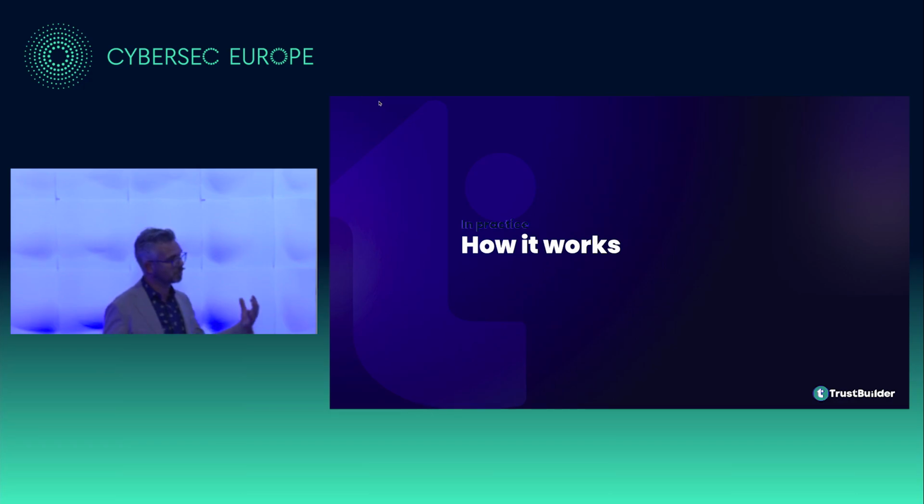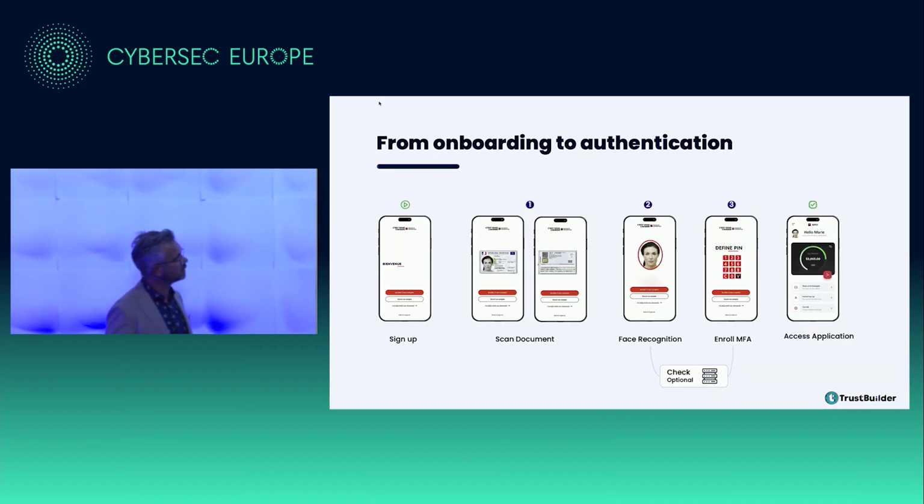So how does that work? If you would integrate both our solutions, the document verification including the MFA, it's a pretty straightforward process. On a mobile application, the user will just go to your application and sign up. He needs to scan the document, take a picture, like he's probably used to.